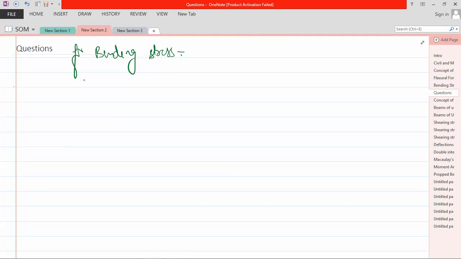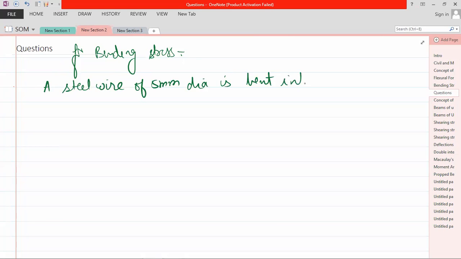It is given, a steel wire of 5 mm diameter is bent into a circular shape of radius 5 meter.